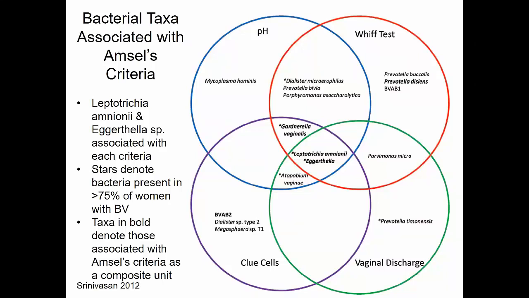It's abnormal pH, it's positive whiff test, which means it smells fishy when you add potassium hydroxide. It's abnormal vaginal discharge, and it's the presence of clue cells on saline microscopy. And clue cells are just vaginal epithelial cells with a lot of vaginal bacteria adherent to them. And what I want to point out is that in this analysis, leptotrichia, in particular, also Eggerthella, Atopobium, Gardnerella, were the most associated with more Amsel criteria.